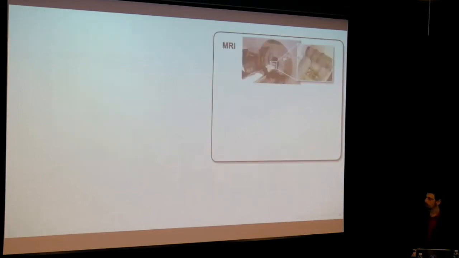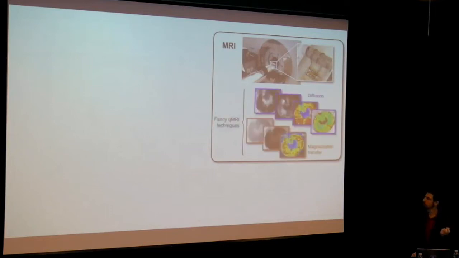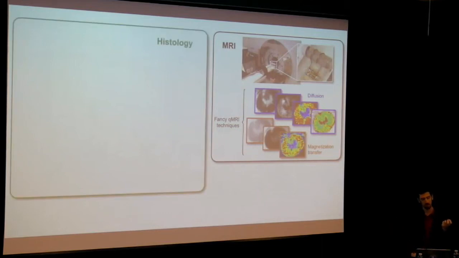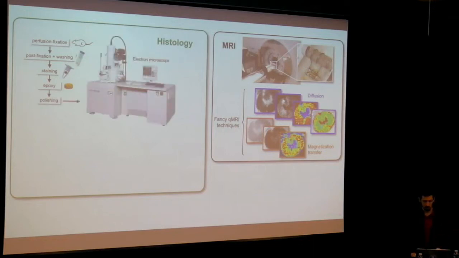The traditional approach is to take a sample, a brain, let's say an ex vivo brain. We put it in the MRI. We collect all those fancy QMR techniques. And then we take this sample. We stain it. We put it into epoxy or agar. Then we polish it. We put it in a large scale scanner. It could be electron microscopy, optical microscopy.